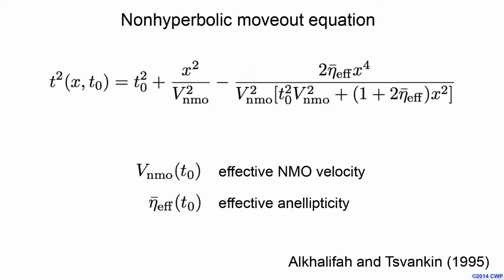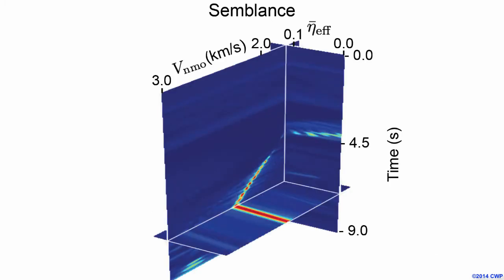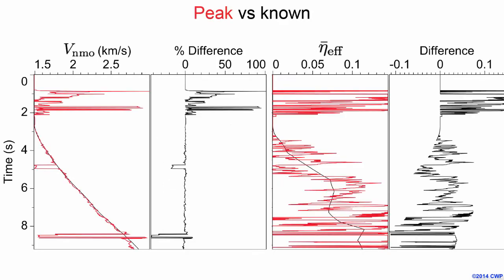So you saw this in Ilya's presentation. Of course, he used azimuthally varying VNMO and etas. Ours is only for one azimuth, but they're still effective parameters. And so these are the parameters that we are estimating from our semblance spectra, which we compute from the CMP gather. So again, this is the two-parameter semblance spectrum.